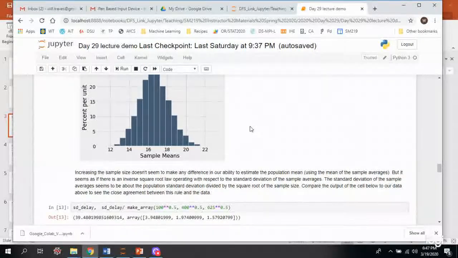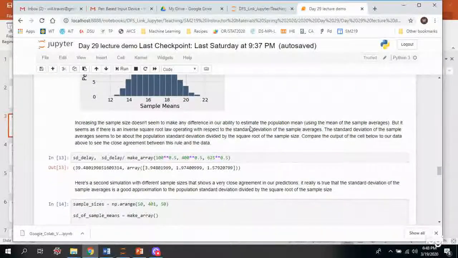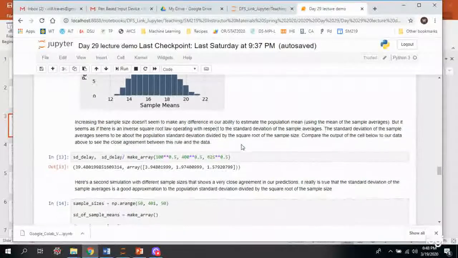But it seems as if there's an inverse square root law operating with respect to the standard deviation of the sample averages. The standard deviation of the sample averages seems to be about the population standard deviation divided by the square root of the sample size. That's what we've seen in the last couple examples.